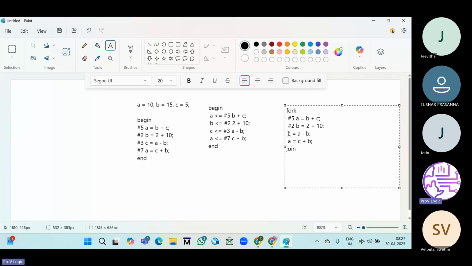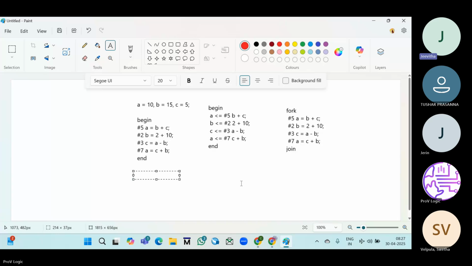Okay. For blocking, which delay is used, and for non-blocking, which delays are used and why? Jivita, can you explain what is the difference between these three codes and what is the output?